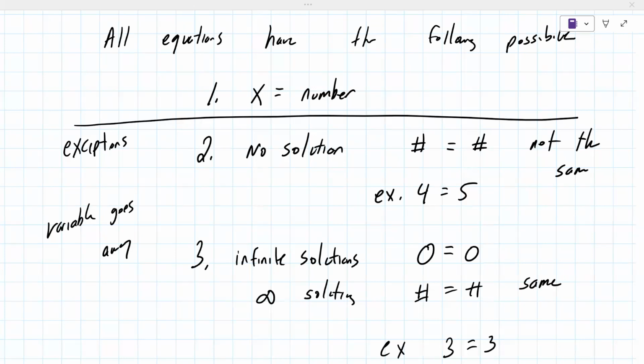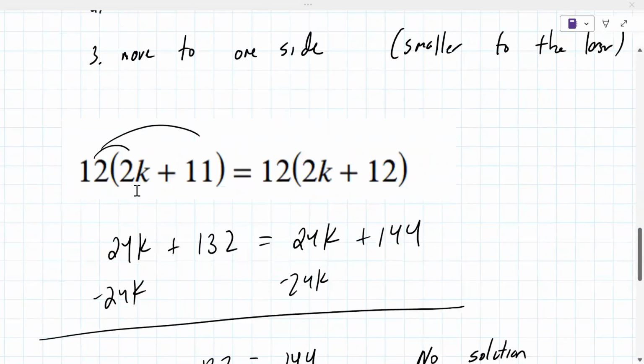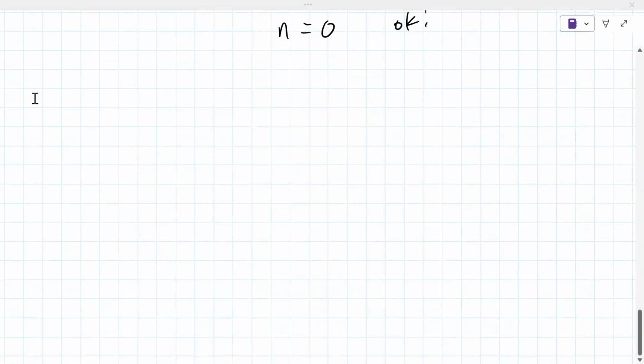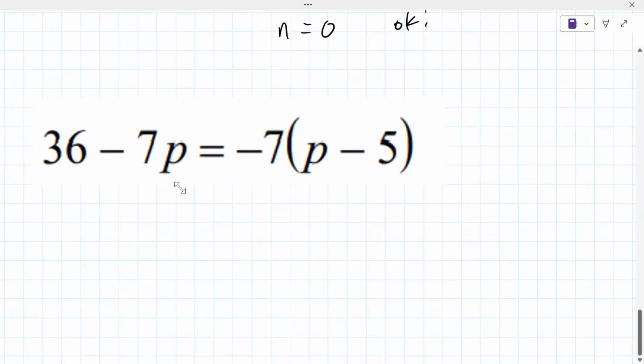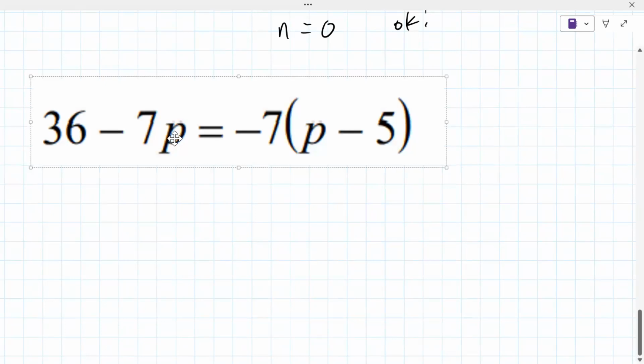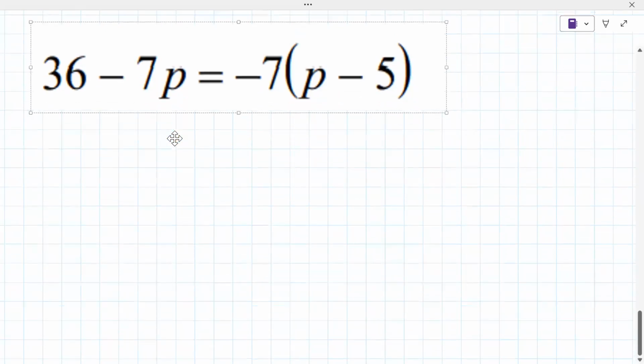So here is a first problem for you to try. Go ahead and work this out and let me know what you come up with, please.